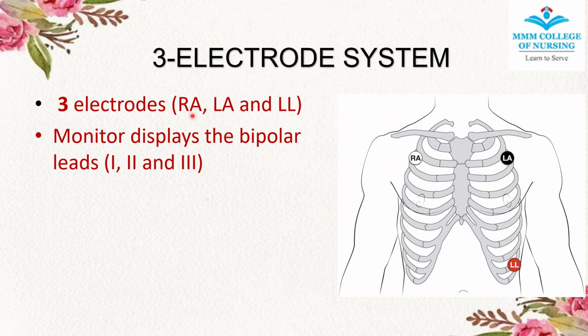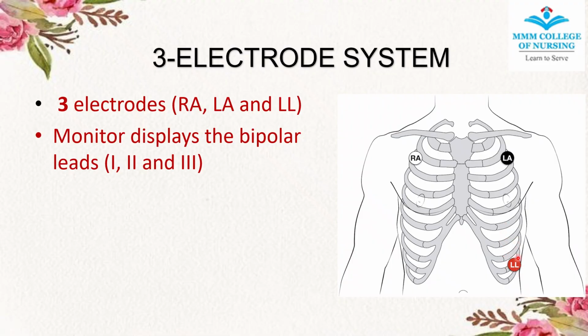The right arm electrode is positioned at the right infraclavicular fossa, and the left arm electrode at the left infraclavicular fossa, whereas the left leg electrode is usually positioned at the lower left abdominal region at the anterior axillary line.